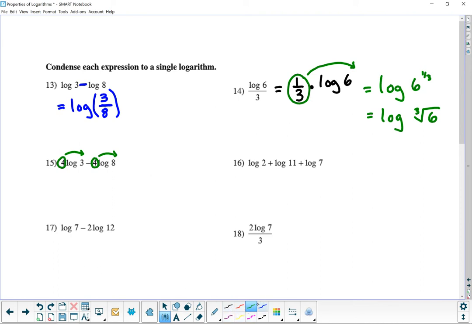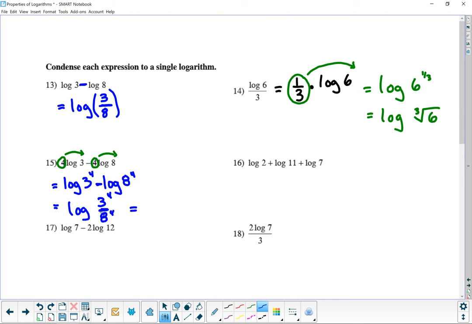That's going to end up being log base 10 of 3 to the 4th power minus log base 10 of 8 to the 4th power. Since this is a subtraction, I'm going to combine this into one log. So this will be a log base 10 of, and subtraction really means that it's going to be a quotient. So it's going to be 3 to the 4th power over 8 to the 4th power.